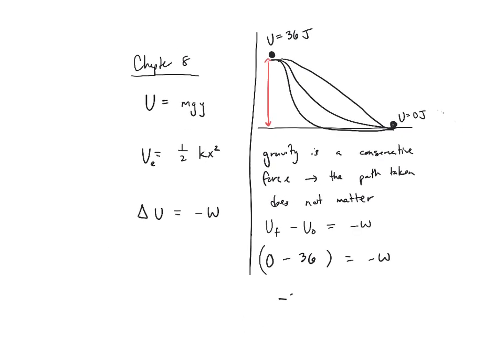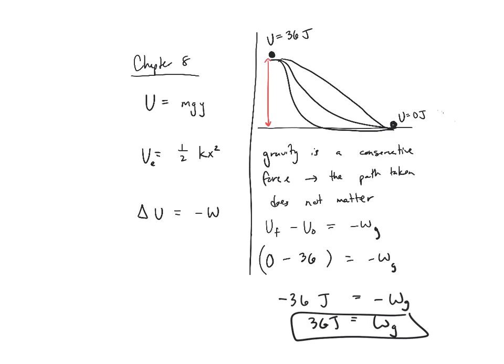We see negative 36 joules, and that equals the negative work. So what kind of work does gravity do in this problem? Gravity does positive work. If you want to put a G for work done by gravity for all of these, you can. Gravity does positive work here because which way is the object moving? It's moving down. That's where the negative sign comes from in this theory right here.